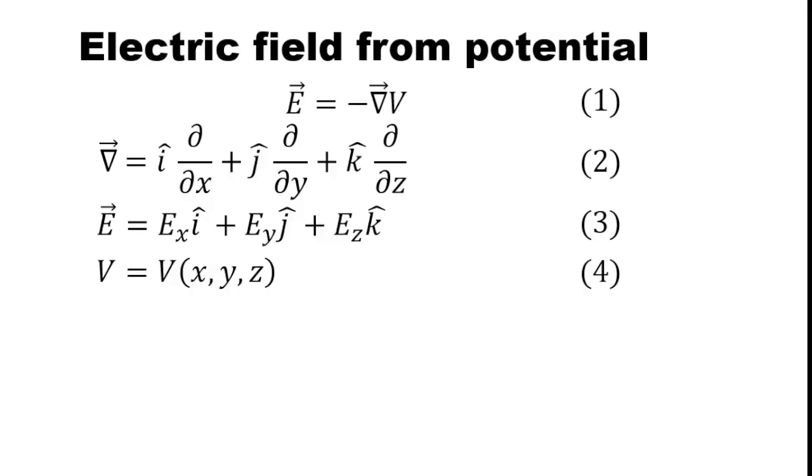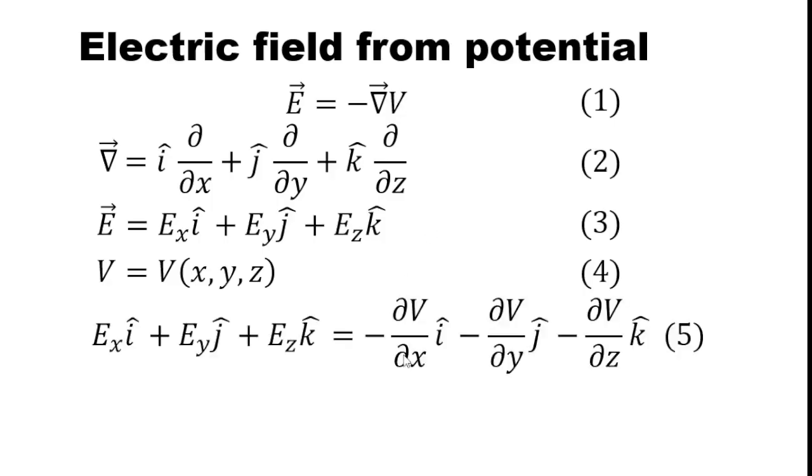And in equation 4, the potential function, which is a function of x, y and z, is shown. Now we put the values from equations 2, 3 and 4 into equation 1. And after doing the partial differentiation of the potential function, we obtain equation 5.